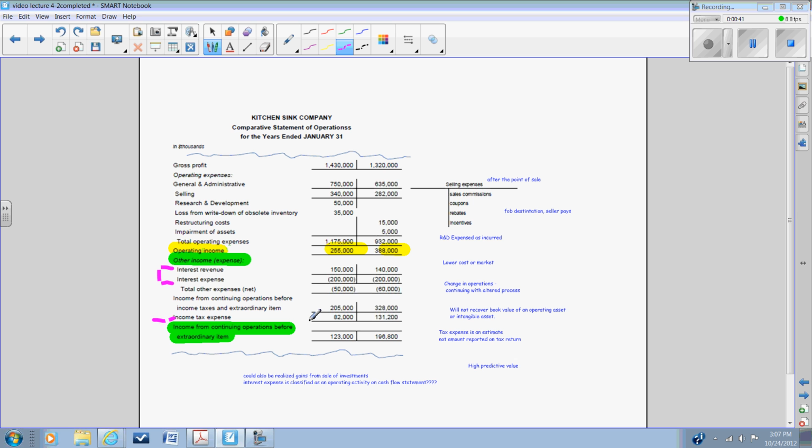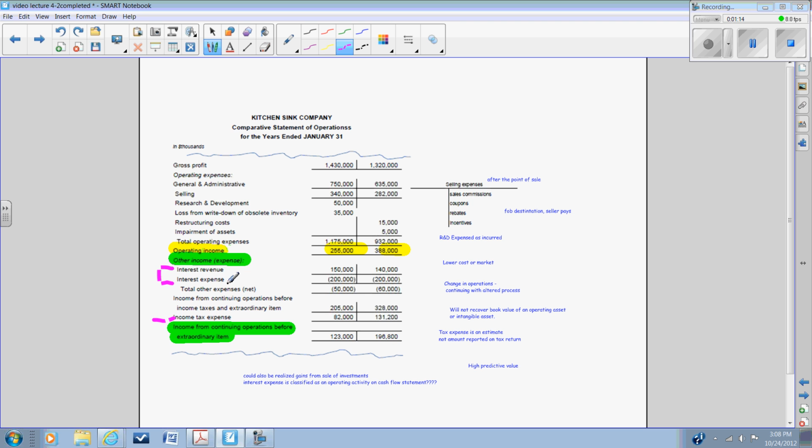For our investment related expenses, here we're presenting two types of interest related items. One, interest revenue, cash that the business is earning by investing its excess cash in some type of debt instrument that pays interest, such as a T-bill, a corporate bond, commercial paper, or say money market or CDs.